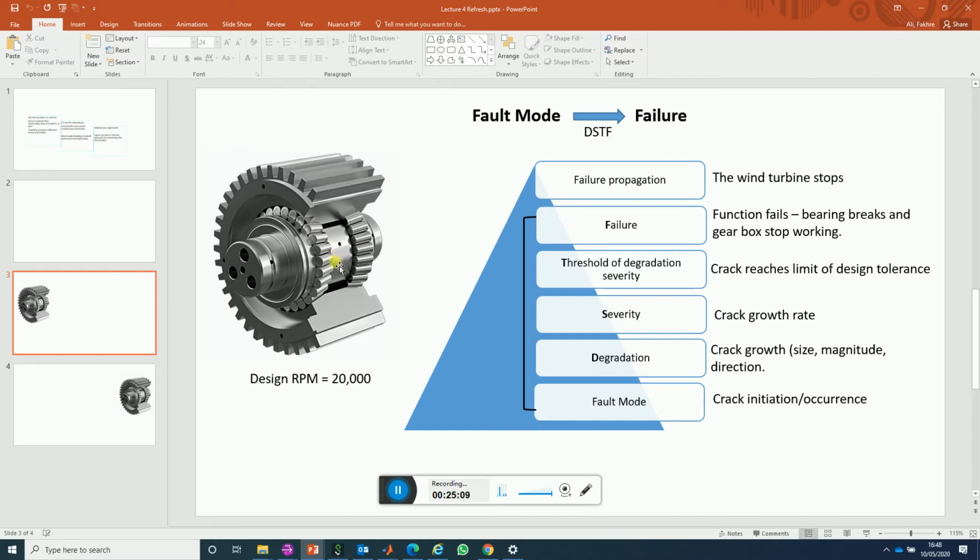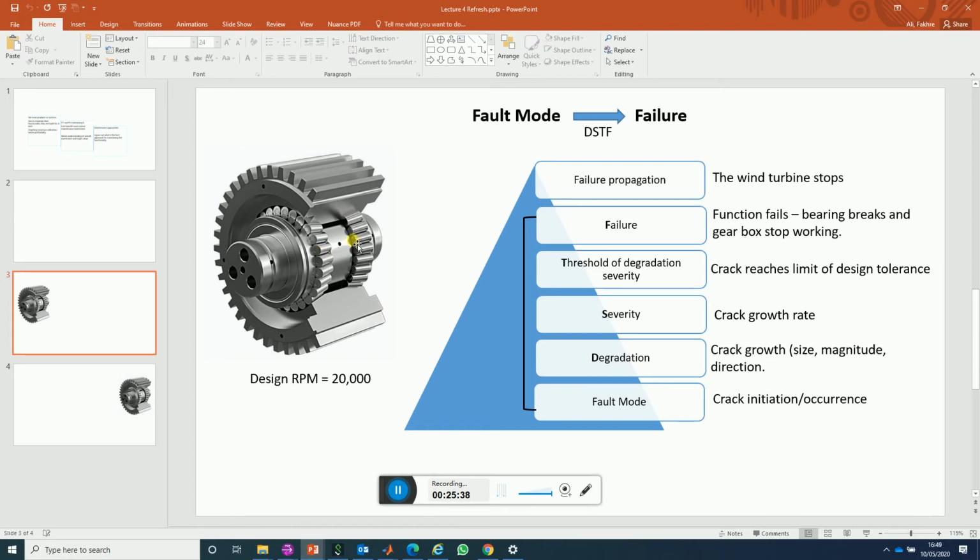It is only when the crack reaches a certain level of length or severity that the bearing is basically broken, or the bearing ruptures, and that stage leads to significant instability due to high vibration, and the whole gearbox stops working.